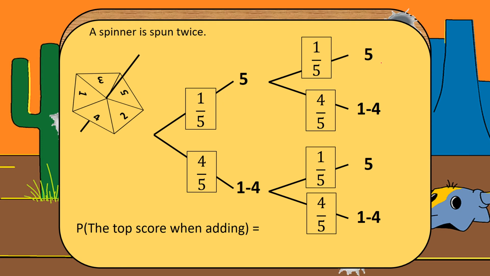That should be quite an easy question, because what does it mean we've got if we've got the top score? It means we've got 10, and we were at the 5 and the 5 again, aren't we? Yeah, we already know that's 1 out of 25. Yeah, 5 and the 5 again. We already know that's 1 out of 25. So sometimes the questions can ask you something else that's not actually on your diagram, but you can figure out how to use your diagram to work it out.